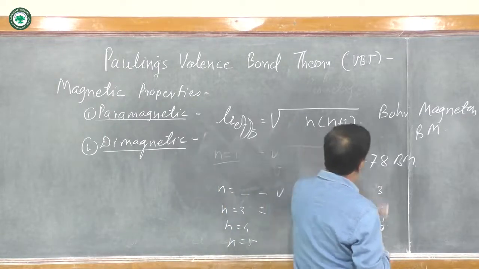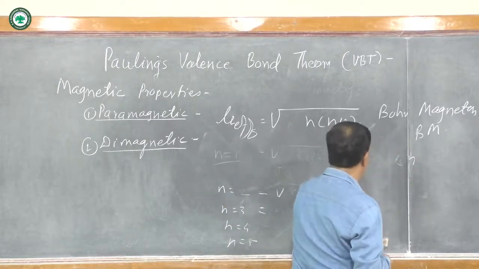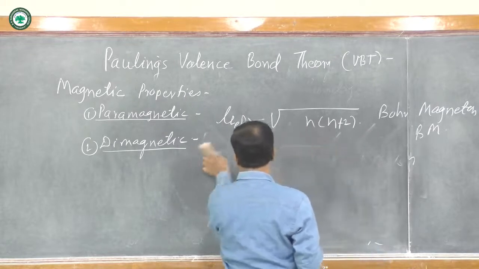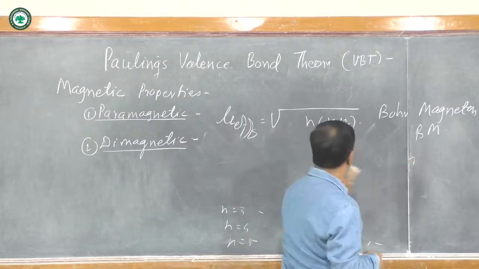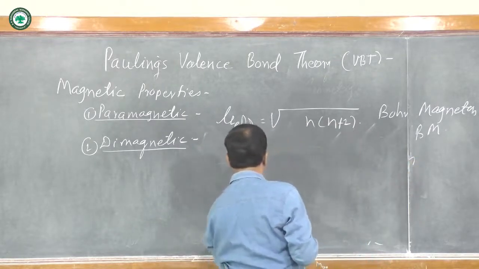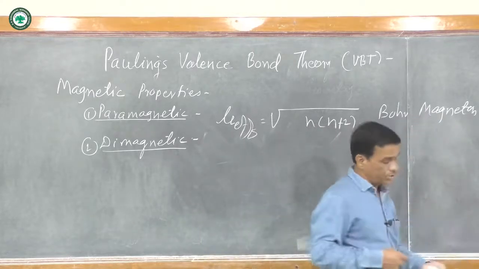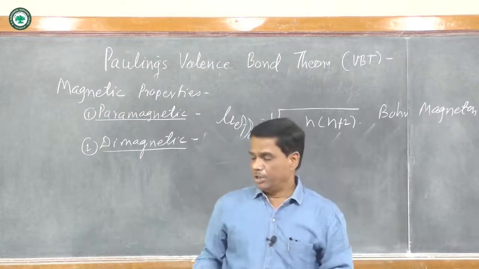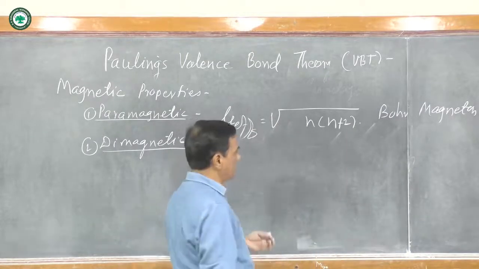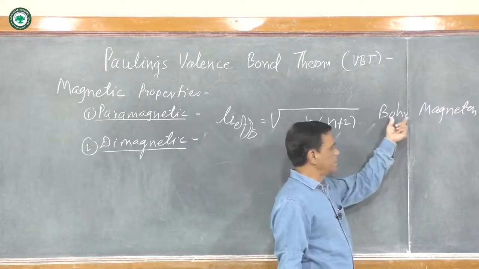These values are determined by the equation mu effective is equal to under root of n into n plus 2, where n is equal to 1, 2, 3, 4, and 5, and these values are determined in the unit Bohr magneton represented as Bm.